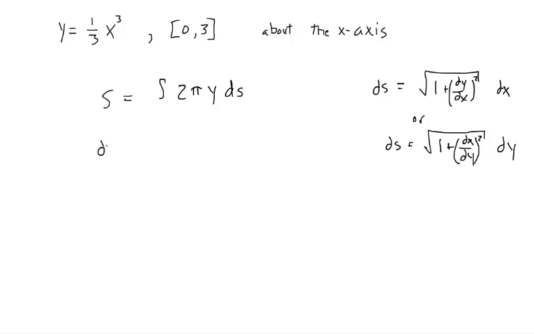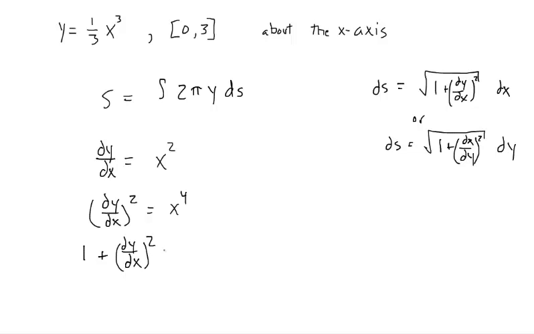So dy dx is equal to x squared, dy dx squared is equal to x to the fourth, and then 1 plus dy dx squared is equal to 1 plus x to the fourth. And now I want to write everything into our formula.